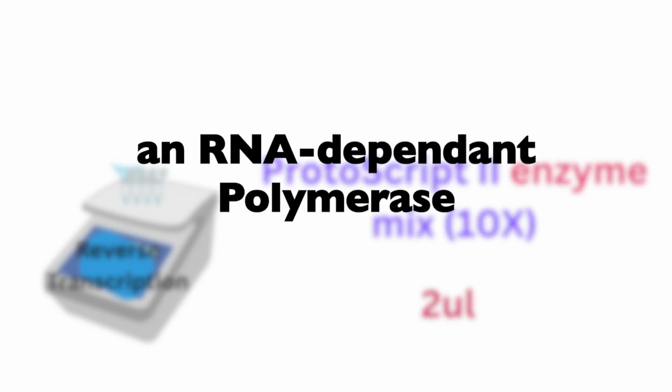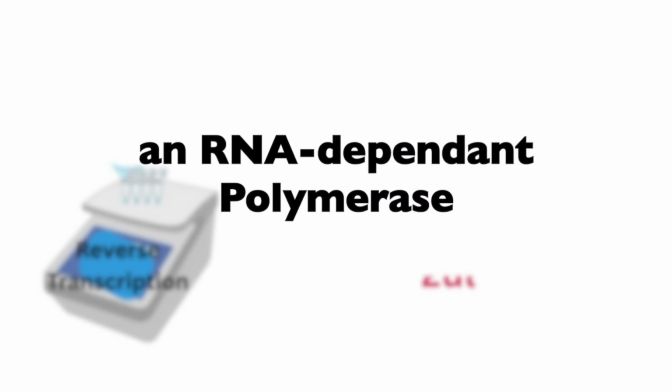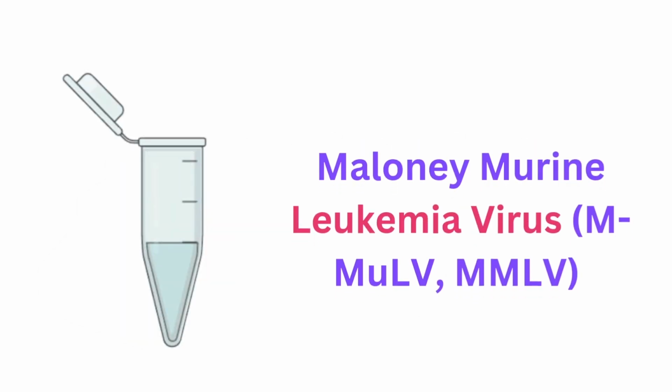The reverse transcriptase can be sourced from multiple sources, I imagine. In the kit that I have, the reverse transcriptase is from Moloney murine leukemia virus, abbreviated on the screen.